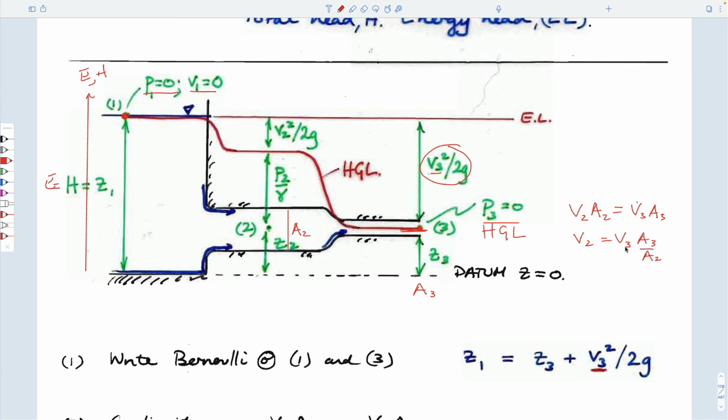And so we know de facto that this is not 0. But we also know that it's less than velocity 3 because area 2 is larger. So this is less than 1. And so V2 has to be smaller. And so this value has to be smaller than this value.